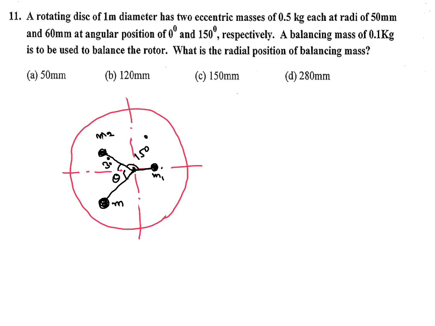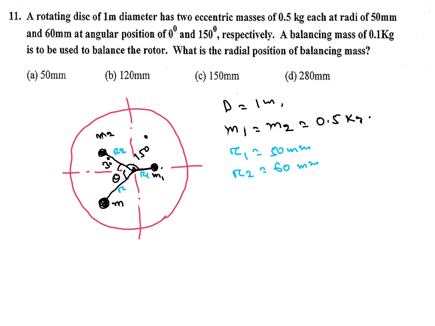So the data are: disc diameter 1 meter, and eccentric masses both are the same, M1 and M2 are 0.5 kg at radius, this one is R1, here R2, and the balancing mass radius is R. So R1 is 50 mm, R2 is 60 mm, R we don't know.